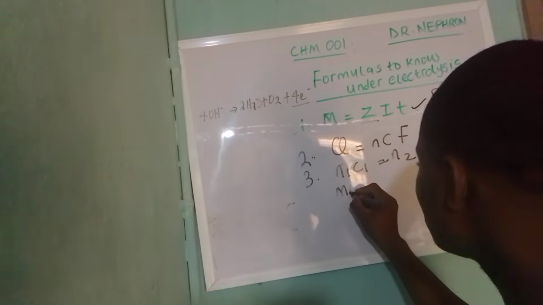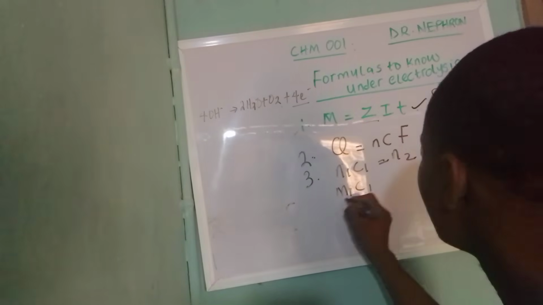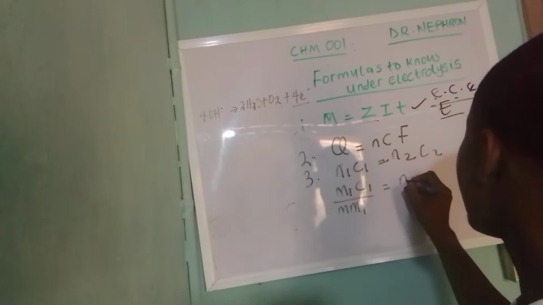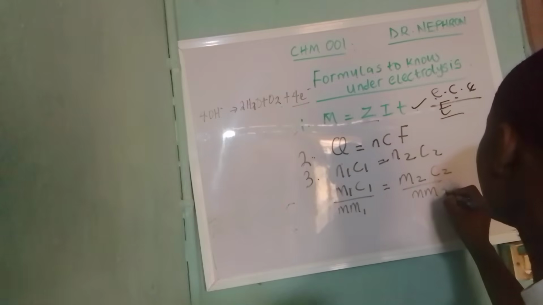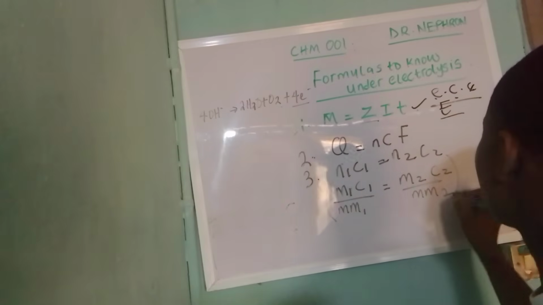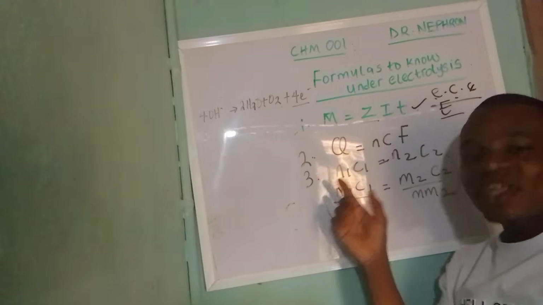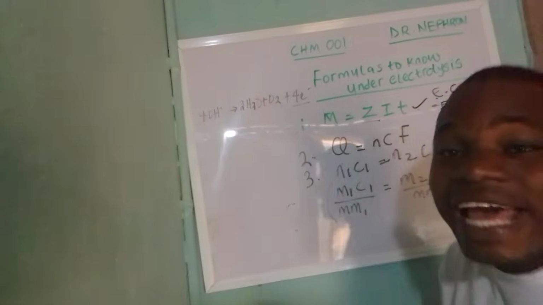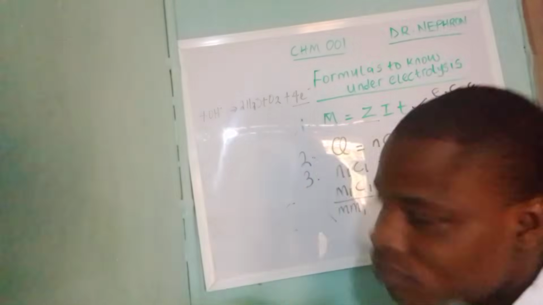That means it can be M1 C1 over MM1 equal to M2 C2 over MM2. I hope we are getting this. Now do not forget that number of mole is N, and number of mole is mass over molar mass, right? That means N1 can be expressed as M1 over MM1.